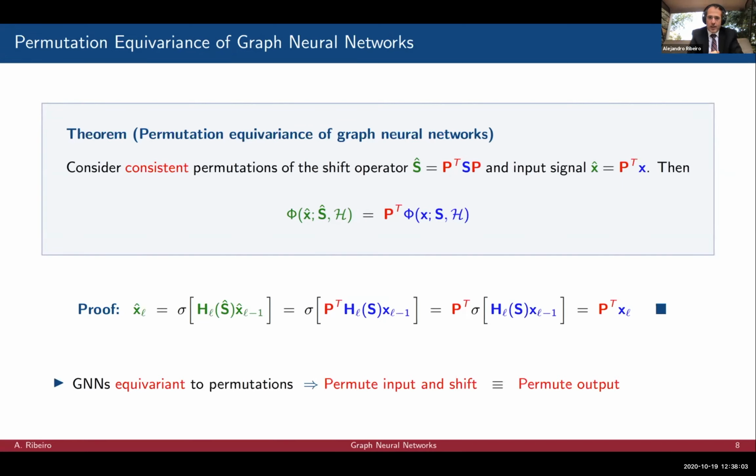There's no change in the graph that may lead to a different outcome in the operation of the graph neural network. Therefore, the GNN is also equivariant, which means that if you permute the input and the shift operator, you will also be permuting the outputs of the graph neural network.